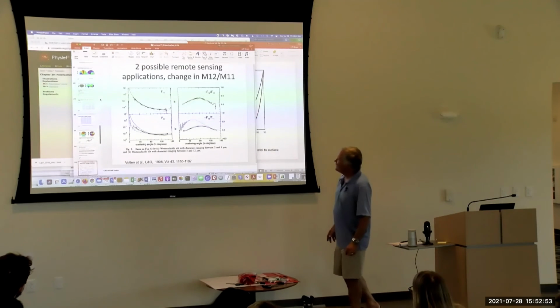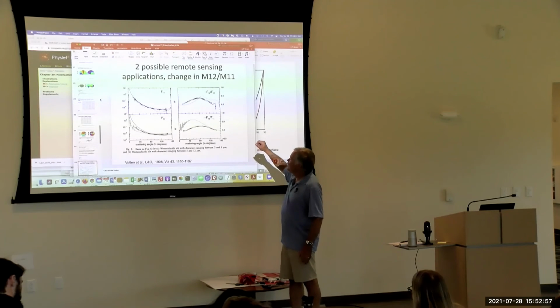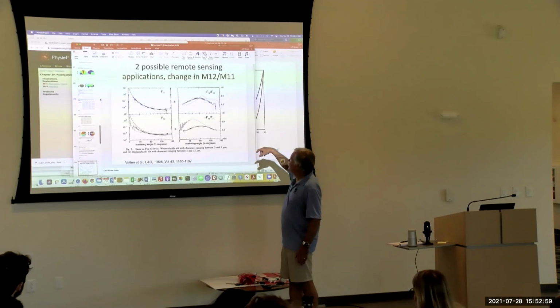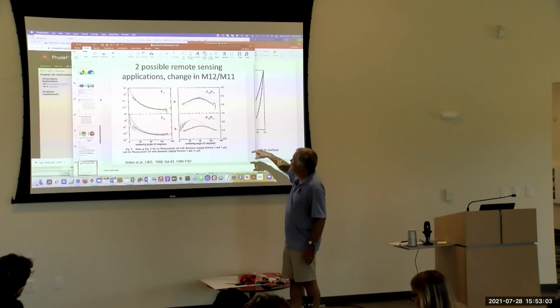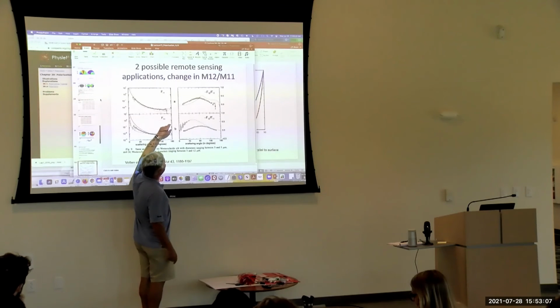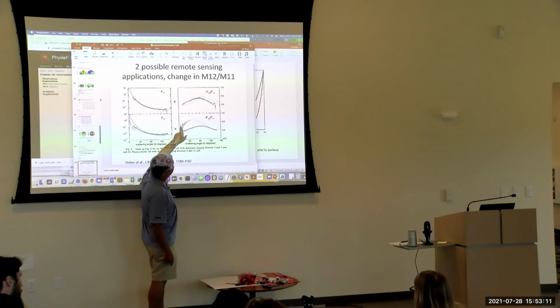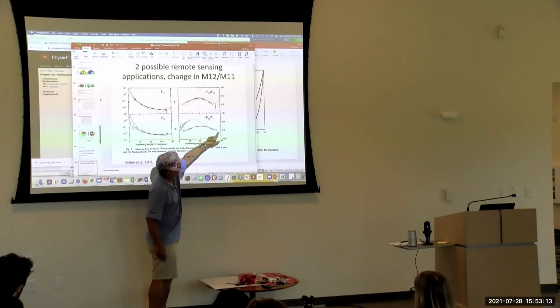Remote sensing. This is for Mueller matrix elements from silt. Remember what it looked like in my measurements for 1, 2. It basically started out at 0 and went to -1 and back up.